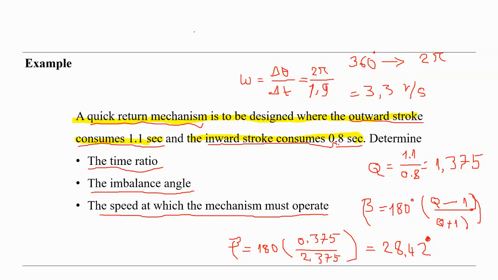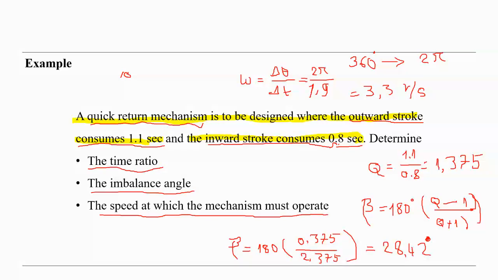That means if we have a slider crank mechanism, it must be offset, because with an inline one we cannot create different times for the outward stroke and inward stroke. For different outward and inward strokes, we have to use an offset slider crank mechanism like this.